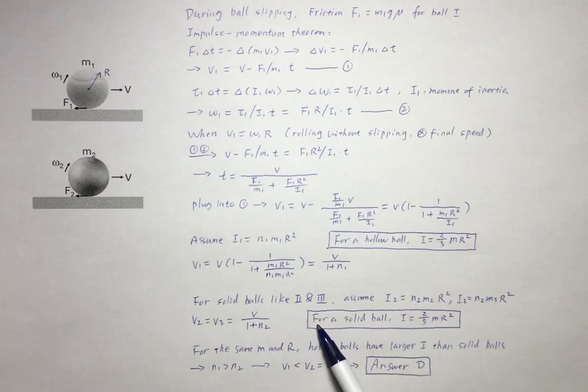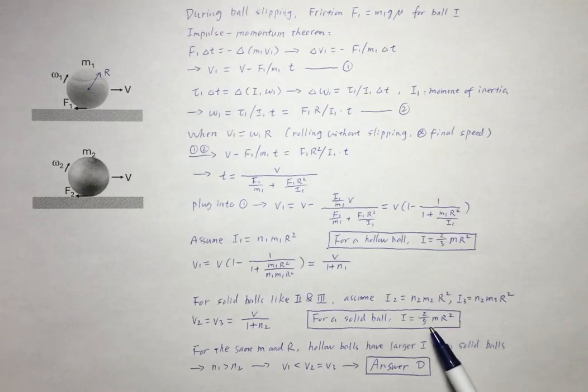As I mentioned, in a future tutorial I will use the integral method to calculate the moment of inertia for a solid ball. Let me review the answer here. For a solid ball, the moment of inertia is 2/5 M R squared.